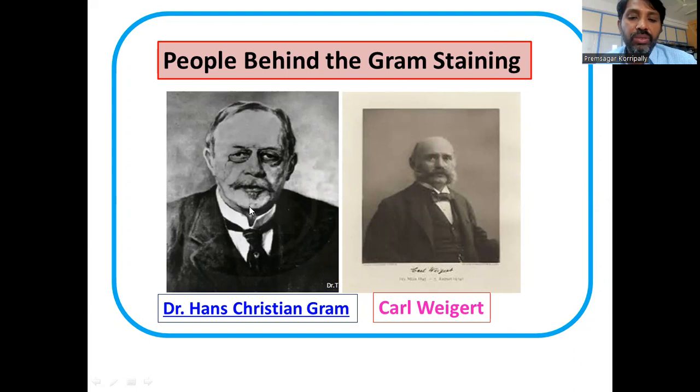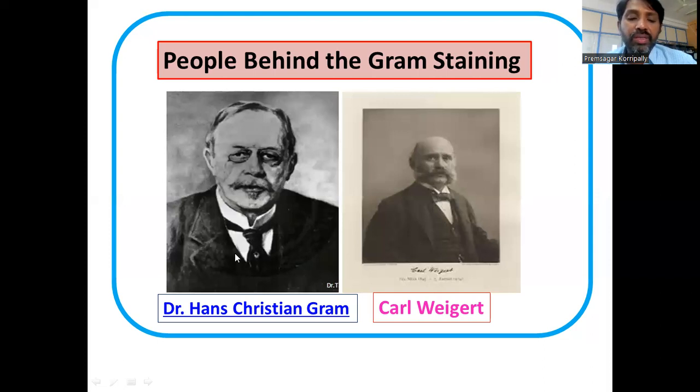Today we will talk about the gram staining procedure and the developers of the gram staining. Here you can see two people, Dr. Hans Christian Gram and Carl Weigert. Dr. Hans Christian Gram was a Danish pathologist, from Denmark.